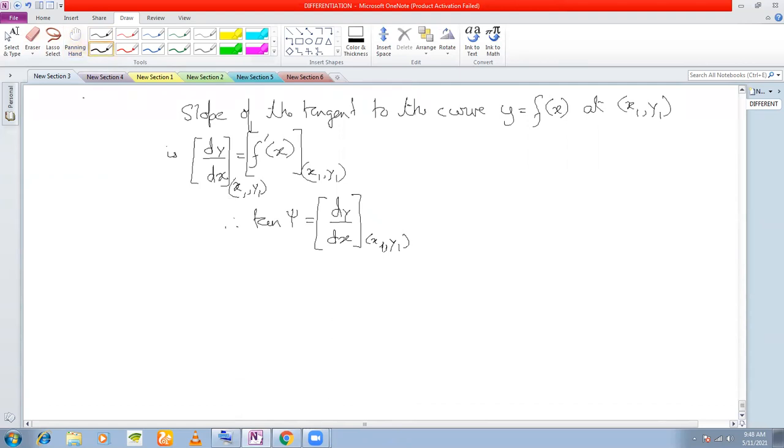Okay, so we'll come to examples now, problems based on this. The question here is: find the gradient of the following curves at the points indicated.